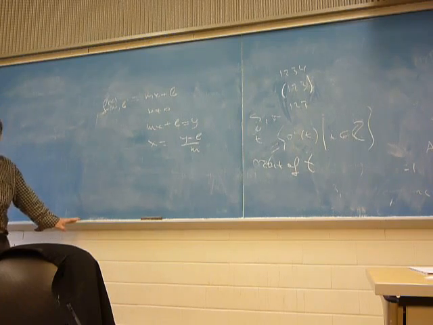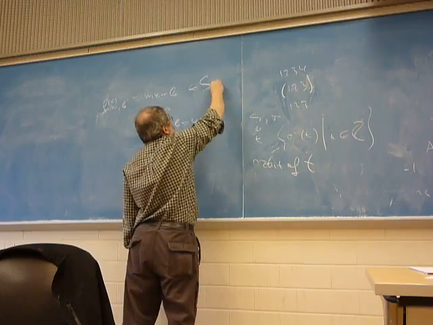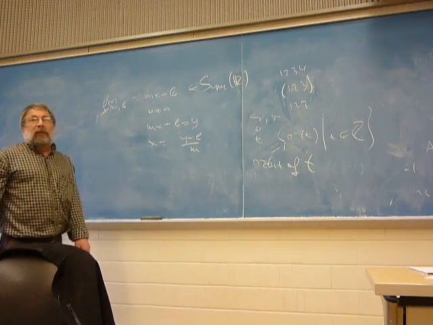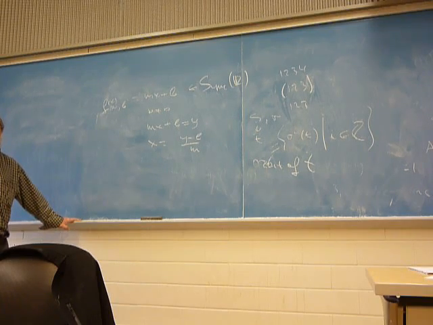So this is an element of Sym of all real numbers. Of course, I'm not going to discuss the precise definition of Sym. You can think that it's all bijections.